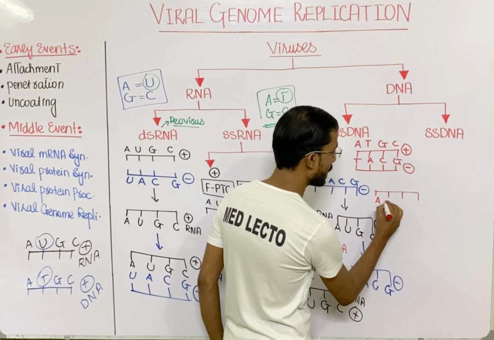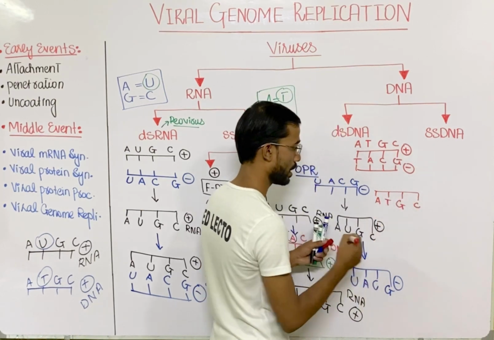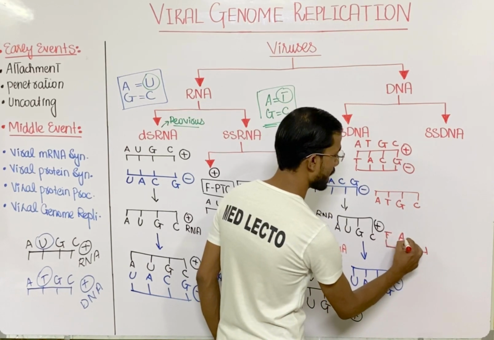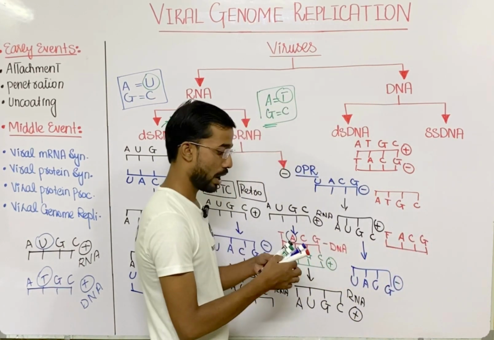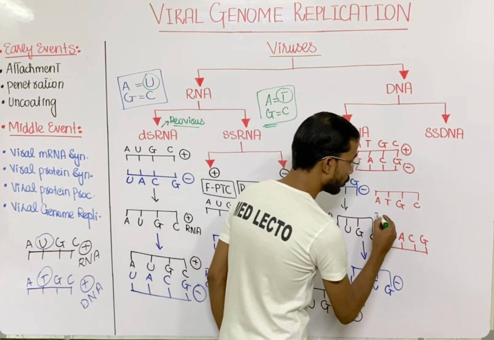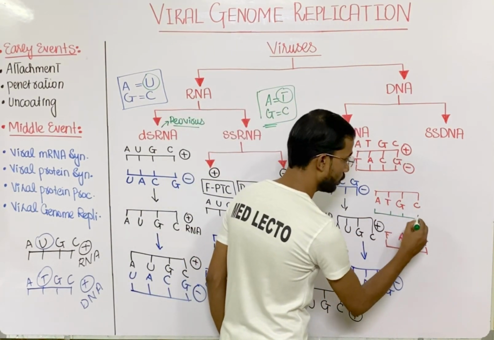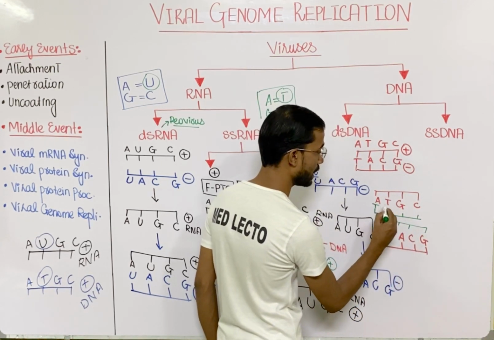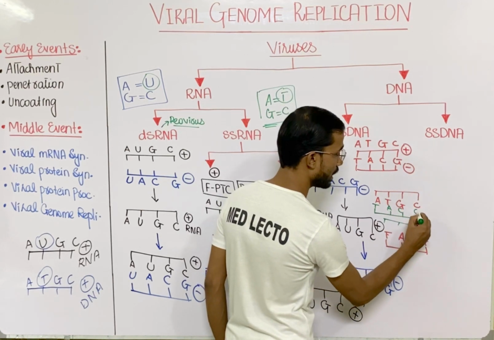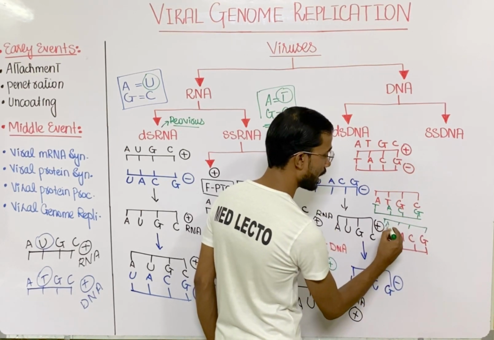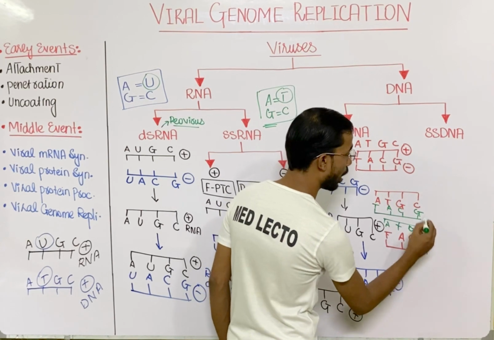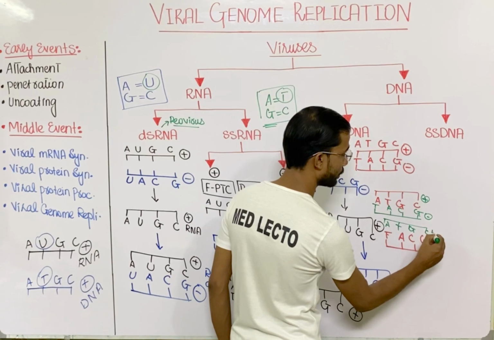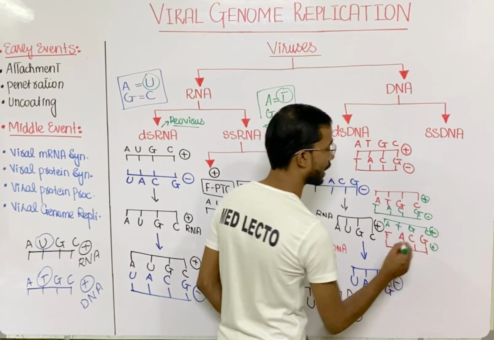Here is the ATGC and here is the TACG. After that, nucleotides will add opposite to each strand. Here A will be opposite to the T, and so on, and here is the A, T, G, C. Now both the positive and the negative strand will form.